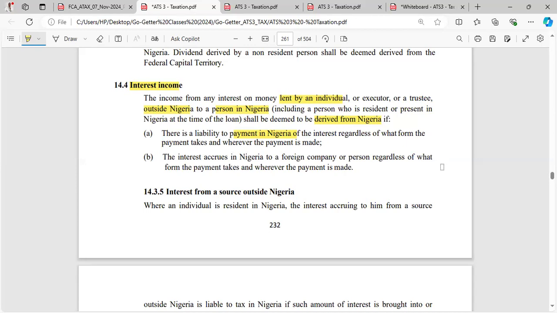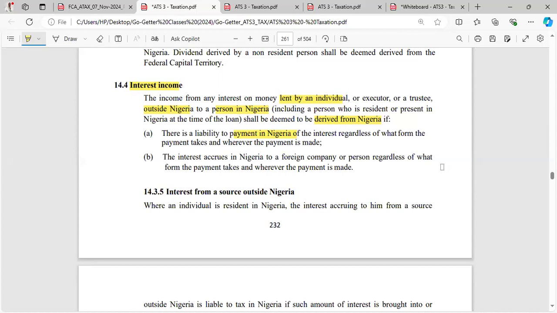So what we're saying here is any money you lend to anybody that bears interest, that interest is interest income. Now let's say, for example, you lent 1 million naira, and you say the 1 million naira has an interest of 10%.